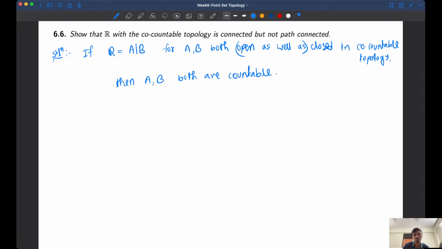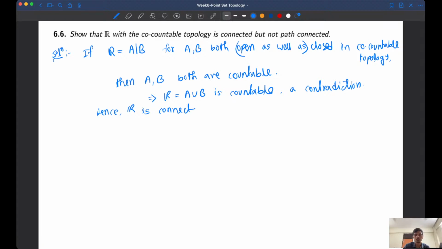This implies R equals A union B is countable, which is a contradiction. So hence R is connected with the co-countable topology.